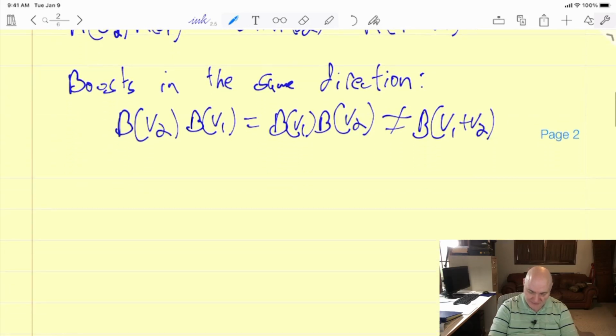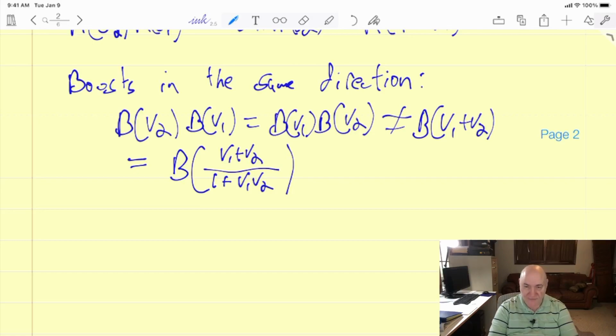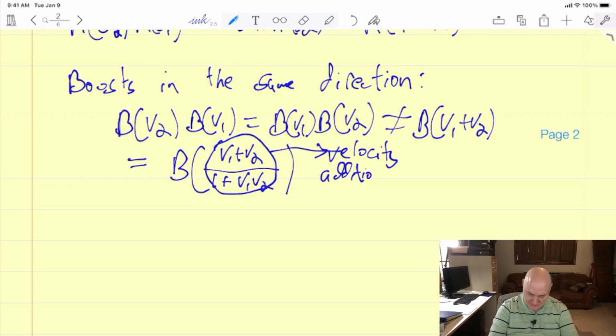As a matter of fact, it is equal to B of V1 plus V2 over 1 plus V1 V2. And if you remember, this is the formula for velocity addition in special relativity. So we want to use a parameter where it will work.